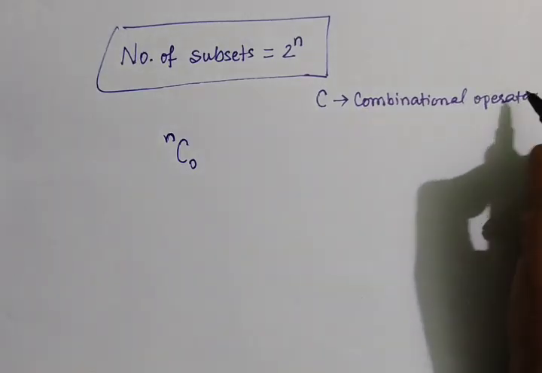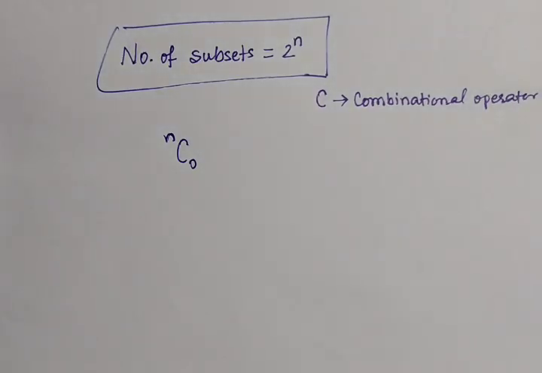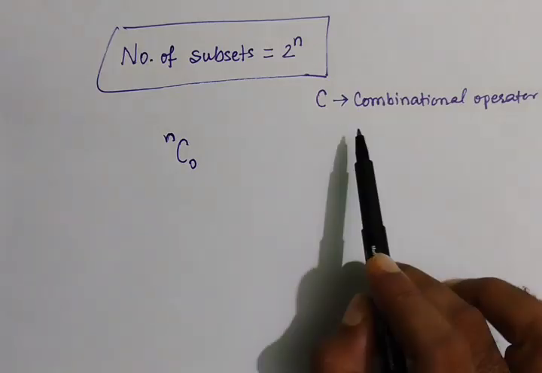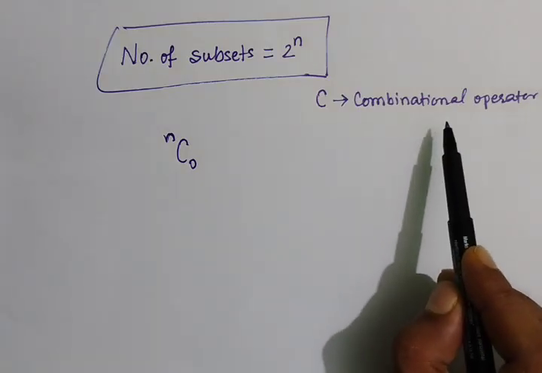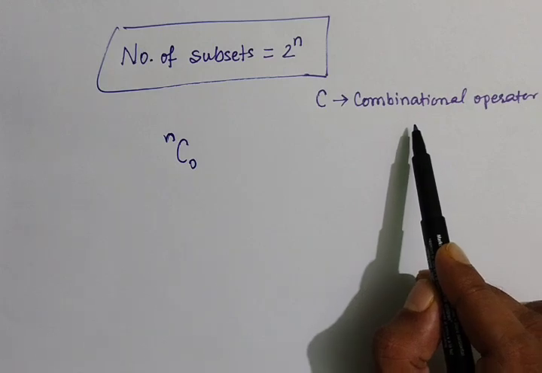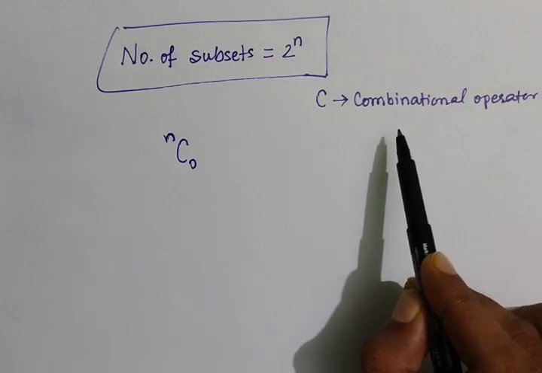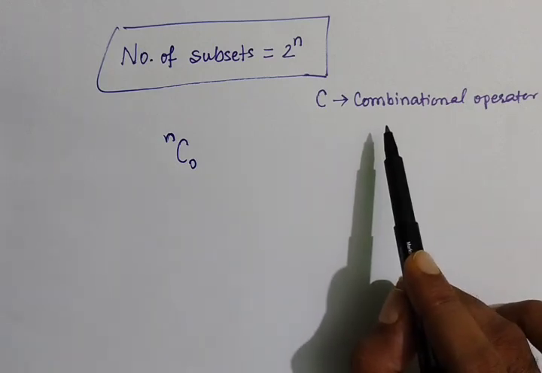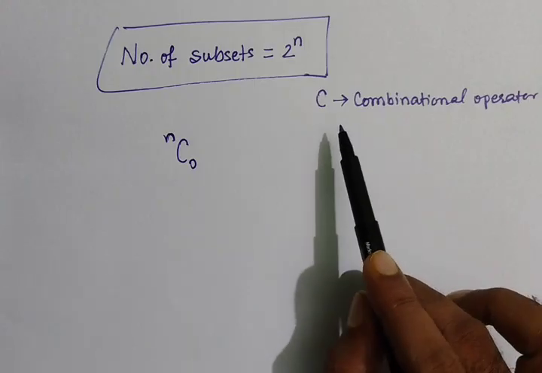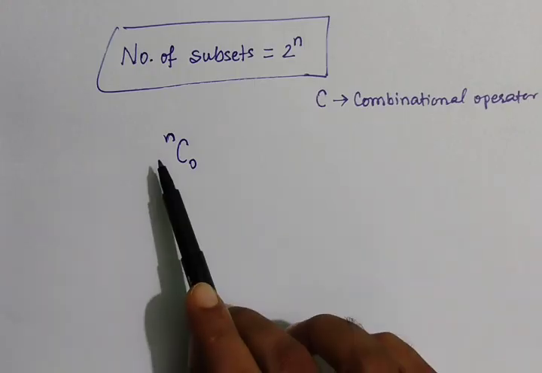We use this operator to select things out of a given number of things. In detail, you will study it in the chapter permutation and combination. For the time being, consider this as the operator for selection out of a given number of things.